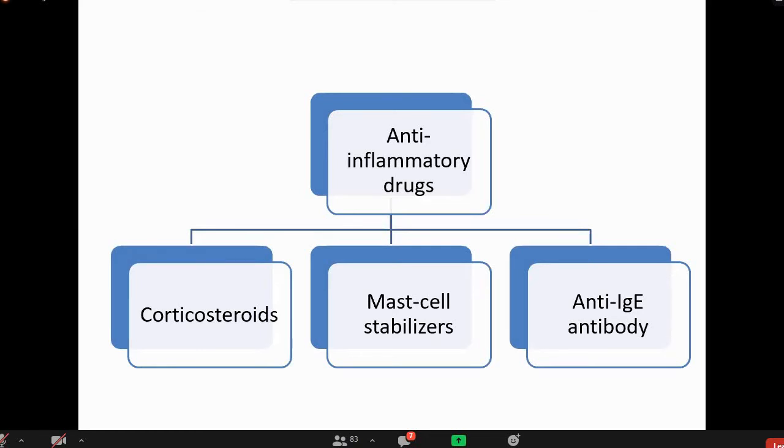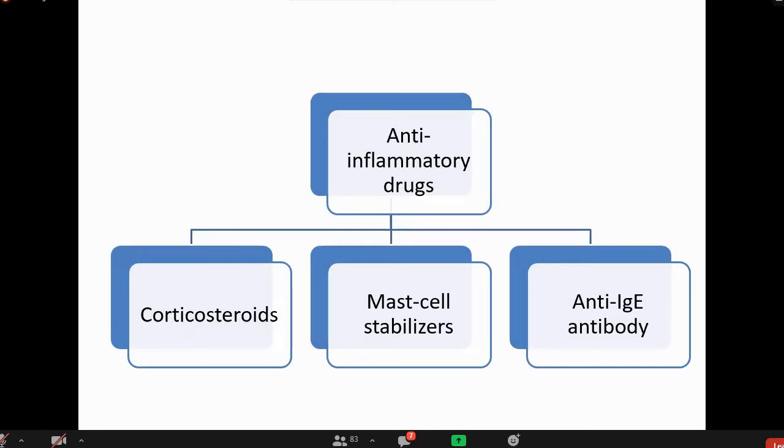Because corticosteroid is a broad terminology. If we say corticosteroids, that means we have glucocorticoids or mineralocorticoids, but specifically the drug that can be used as an anti-inflammatory drug, the appropriate term when we are using the steroids as anti-inflammatory drug, is glucocorticoids.